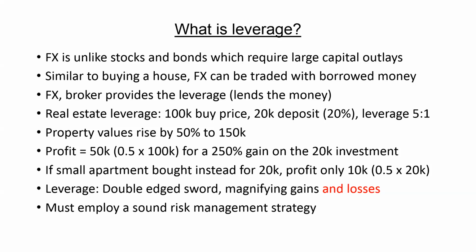Let's say for supposition that instead of buying the £100,000 house, you bought a small apartment instead for 20,000. You still made 50% on the investment because all the properties went up by the same amount. But in this case, you only made 10,000.